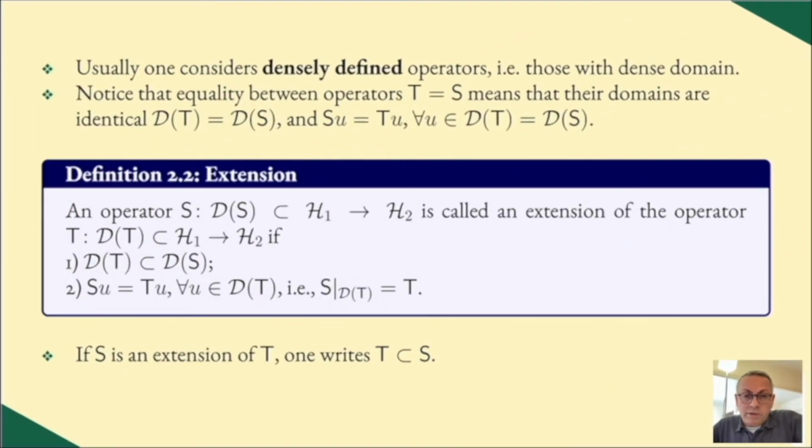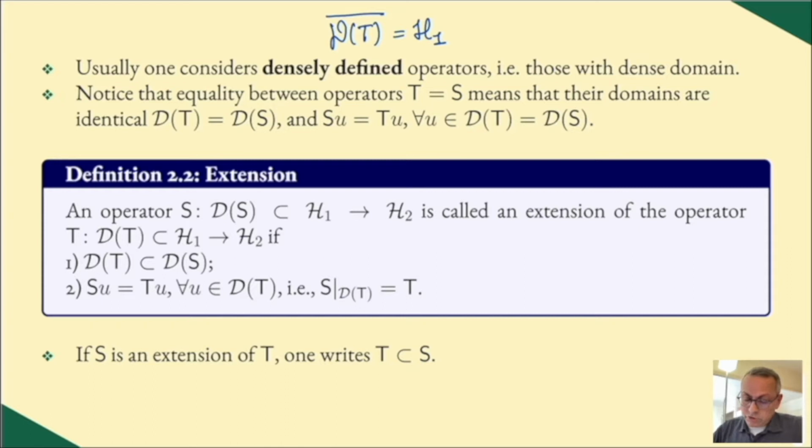When H1 is infinite dimensional, one usually requires that the operators we consider are densely defined, but that's not always the case. This means simply that the domain of the operator D(T) is a dense subset of H1, namely that its closure as a set is equal to H1.